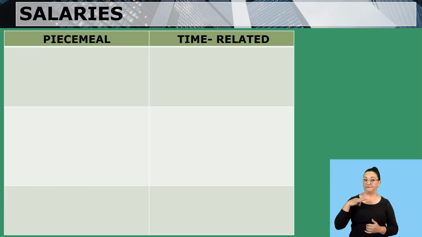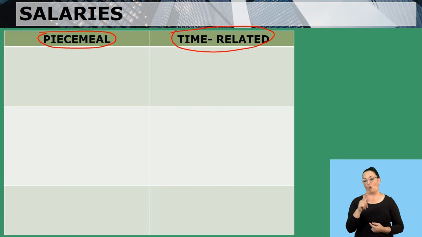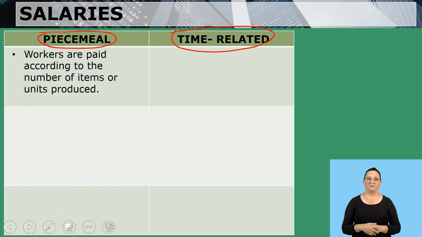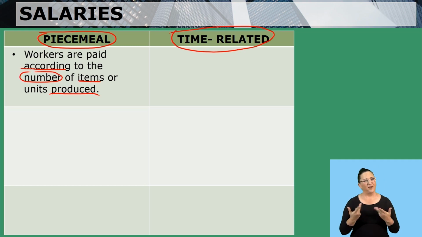Now, the two different salary determination methods that we have are called piecemeal as well as time-related salary determination method. When we look at the piecemeal method, it simply states that workers are paid according to the number of items that they have produced. Now you'd ask yourself, how is this done?